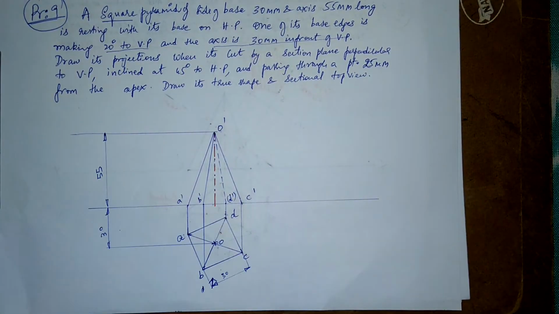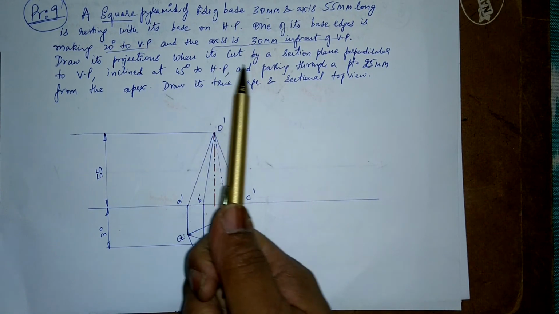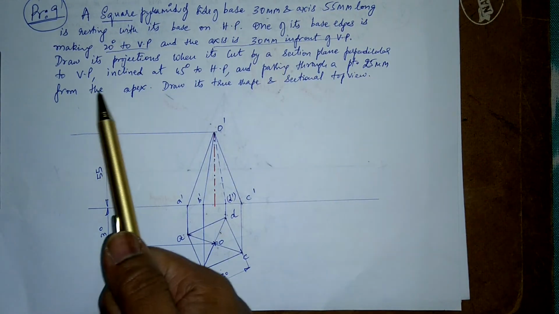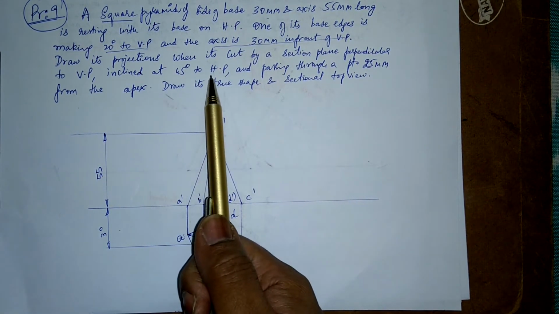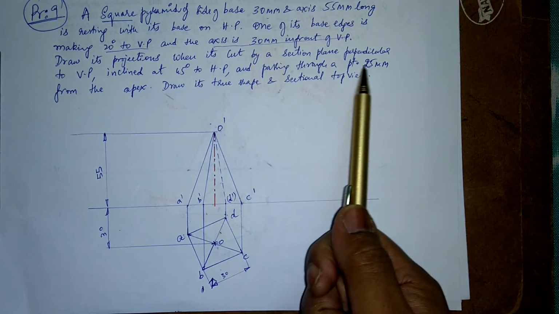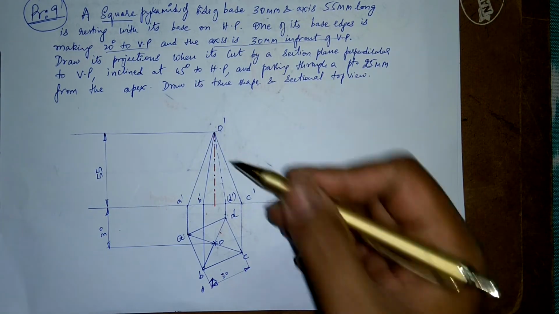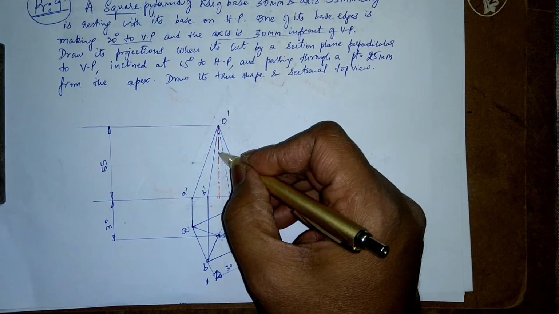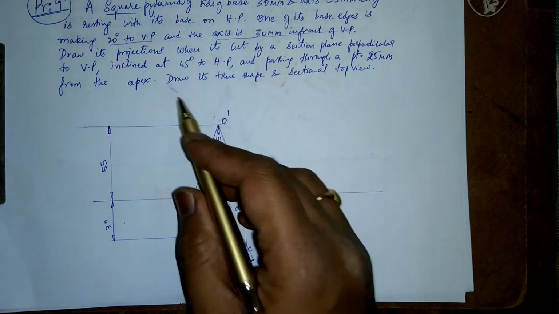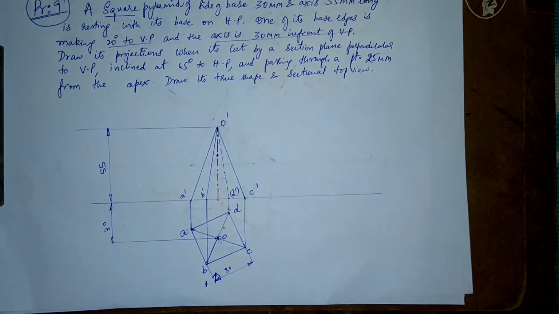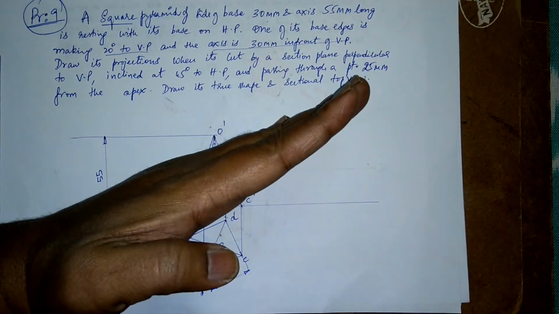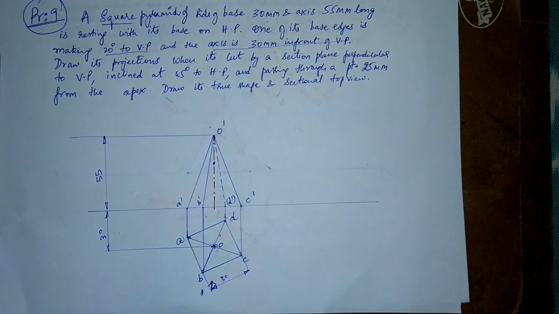The next thing is draw the projections when it is cut by a section plane perpendicular to VP and inclined at 45 degrees to HP and passing through a point 25 mm from the apex. So I'll count 25 mm from the apex, and it is perpendicular to VP, and inclined at 45 degrees to HP.